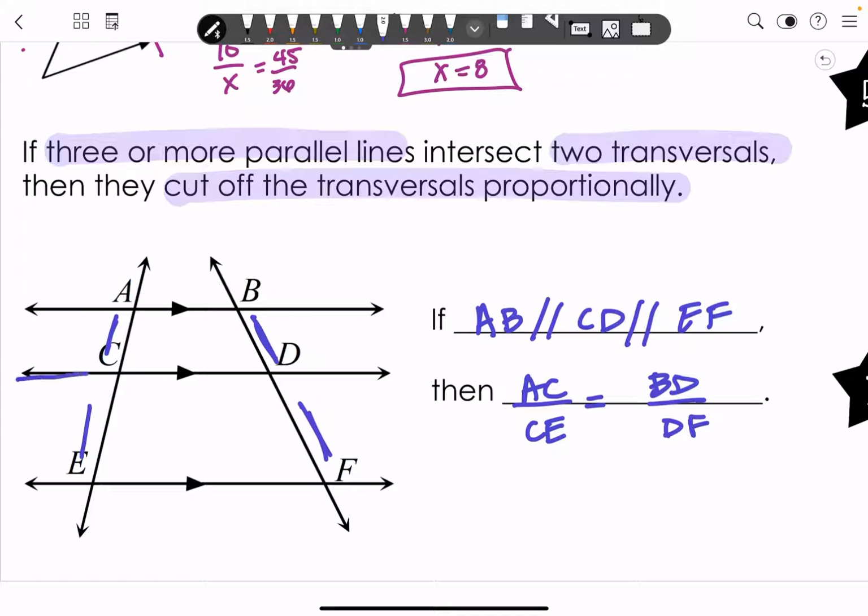And I like to, again, use this right here as my fraction line. You can also do it on opposite sides where you're skipping, and you can do AC over BD is equal to CE over DF. Whatever works for you in that manner.